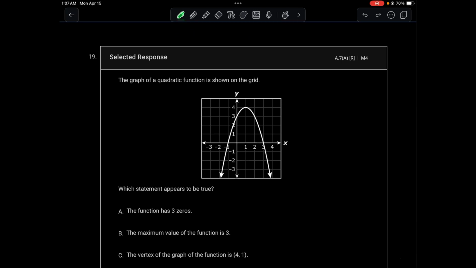We have 19. The graph of the quadratic function is shown on the grid. Okay, yes, that's a quadratic function. That means y equals ax squared plus bx plus c. And what can I tell right away? I see the x-intercepts, which have 0 for the y.